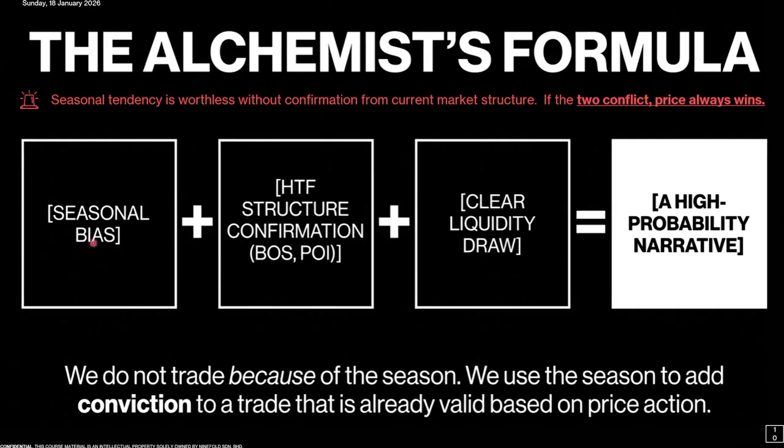We need to blend our understanding of seasonal bias, seasonal directional bias. Let's say that we're expecting bullish prices because historically, during that certain time period for that particular asset, we've seen repeatable bullish price delivery.